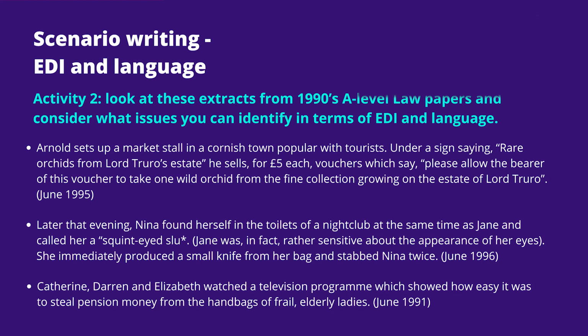Assessments that follow good EDI practice should enable all students, regardless of their characteristics, equal opportunity to access the assessment content and demonstrate their abilities. Therefore, the choice of language used in question papers is very important. Have a look at these scenarios from the 1990s. What issues can you identify and how could the scenarios be adapted to reflect EDI principles today?